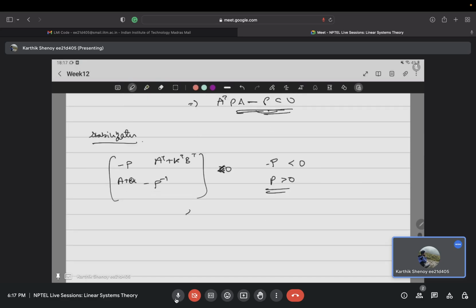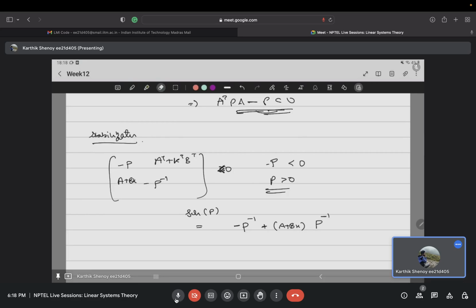Now if you take the Schur complement of P, this is equal to minus of P inverse, minus A plus BK transpose, just a second, so A plus BK into, okay. So this is the same as writing.